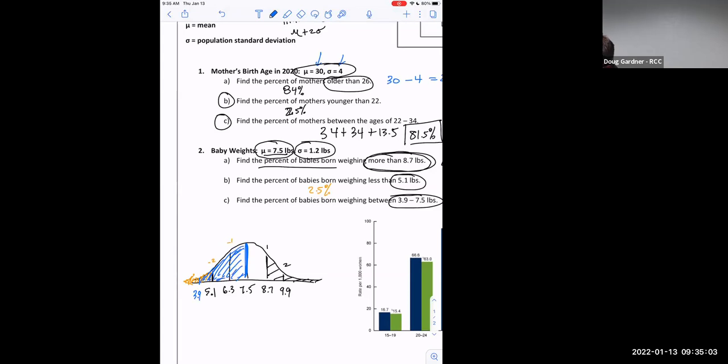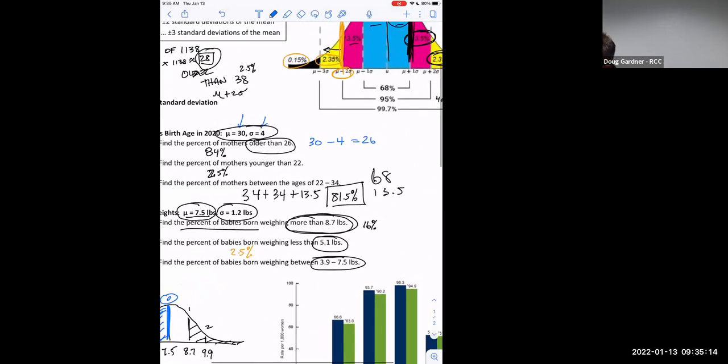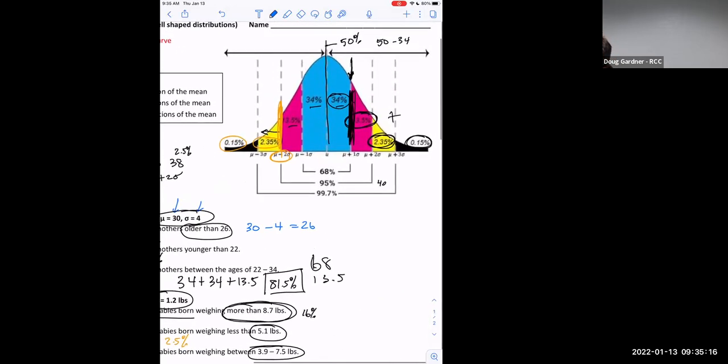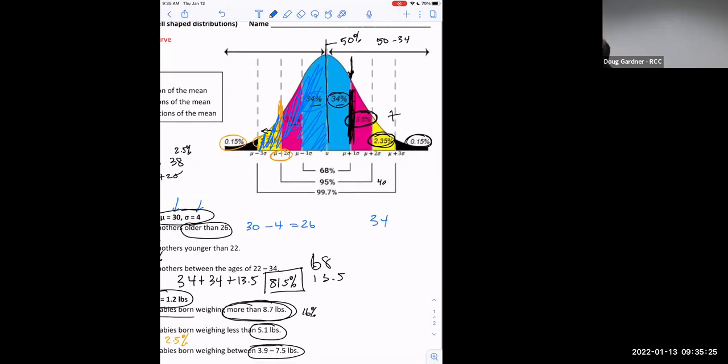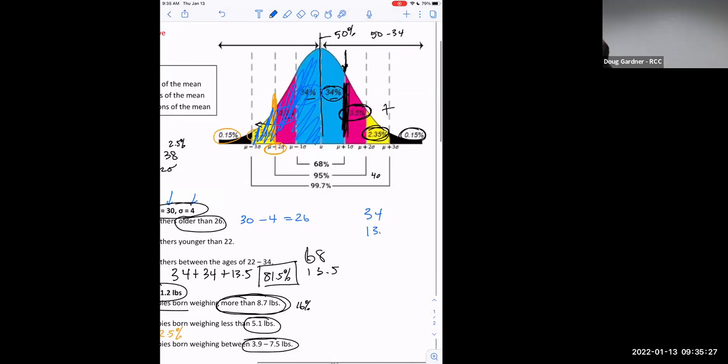That's between 0 and minus 3 standard deviations, from here all the way up to here. So I'm adding 34, and 13.55, and 2.35, adding all those up.